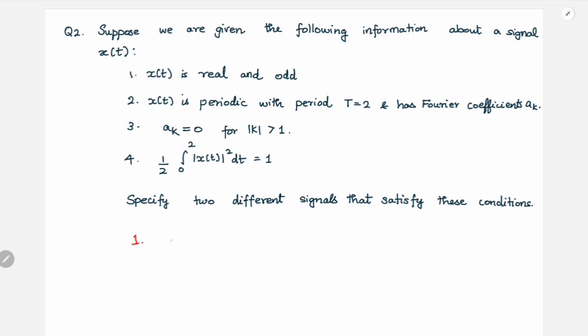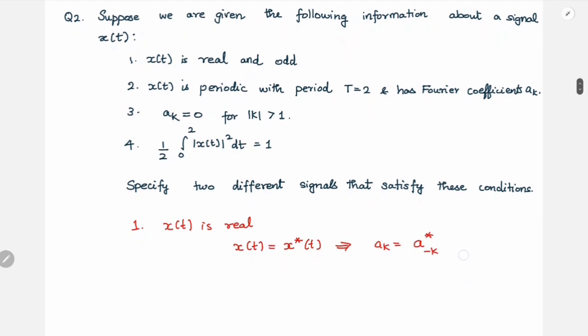Okay, so first one says x of t is real, which means x of t is equal to x conjugate of t. But this also implies that ak is equal to a star minus k, right? And x of t is odd. This implies that x of t is equal to minus x of minus t.